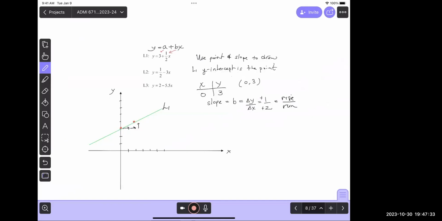So for line 2, x is 0, so y is a half. That's your intercept. So we're going to draw it.